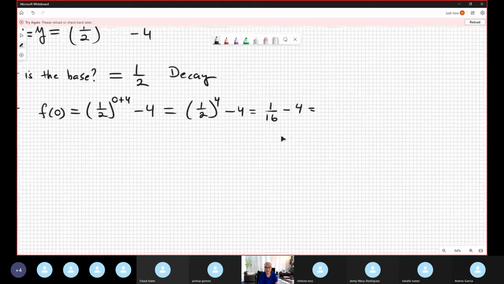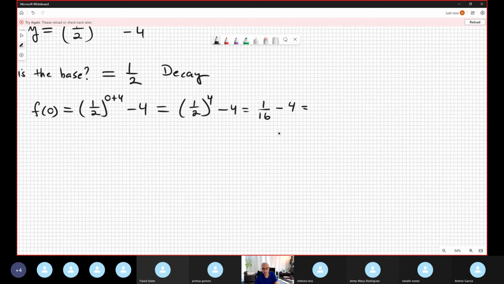Now, subtraction: 4 is negative. Find the least common denominator, which is 16. This is 1 minus 64, because 16 times 4 is 64. It's minus 63 over 16.